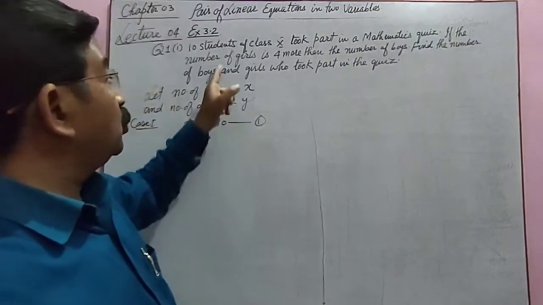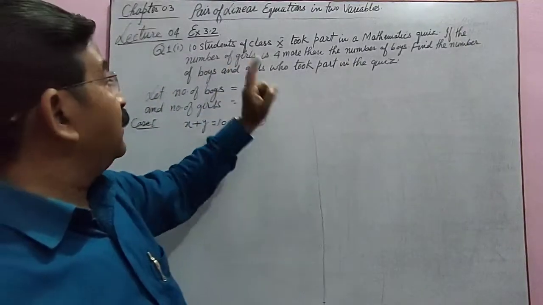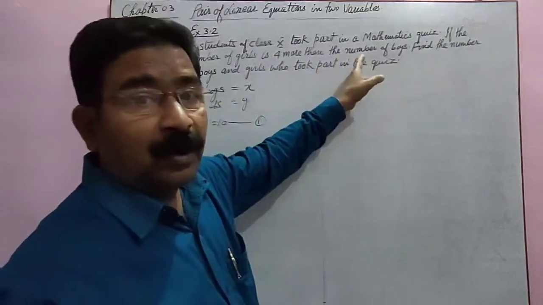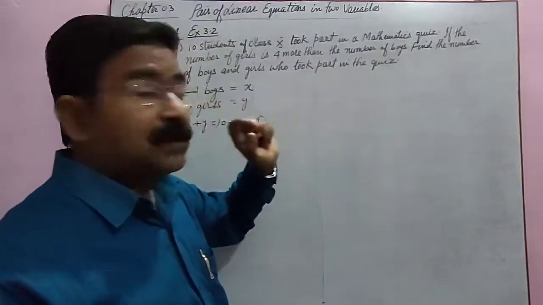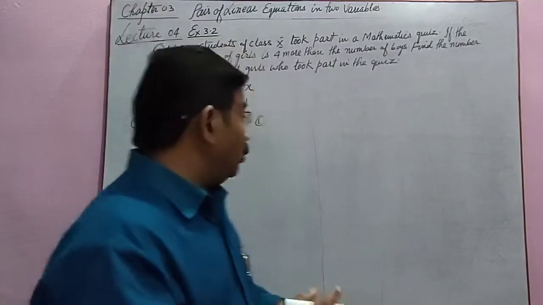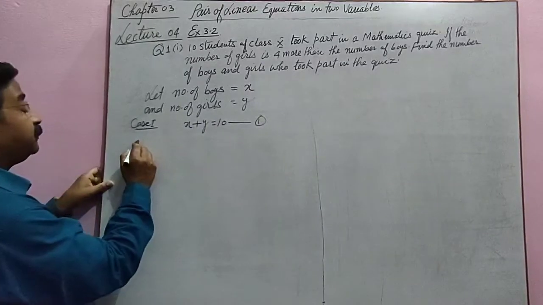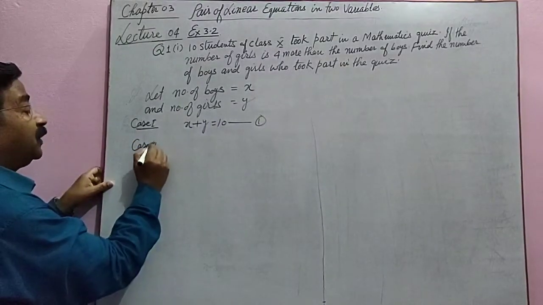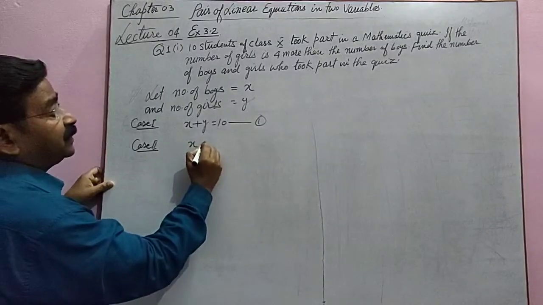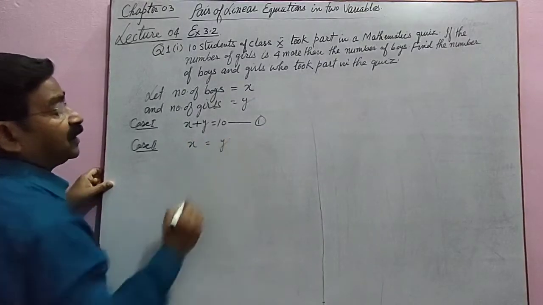Now come to the second situation. Given: the number of girls is 4 more than the number of boys. Means boys and girls are not equal in number. So in the second case, how to form the equation? See, these are boys is equal to these are girls.